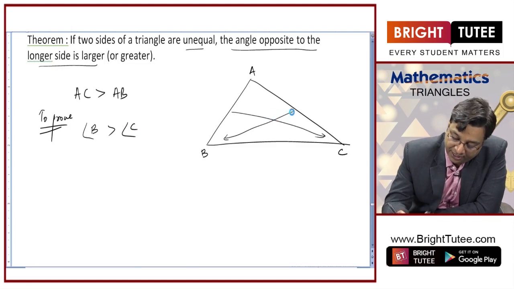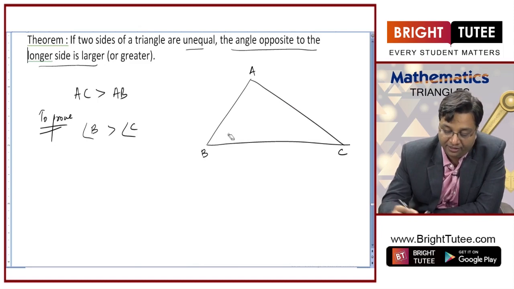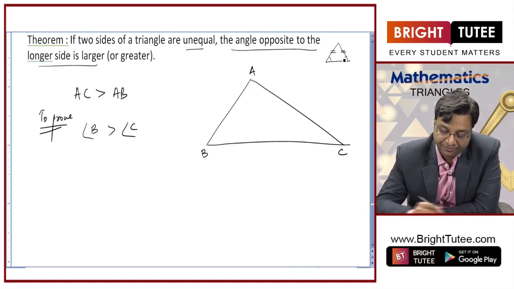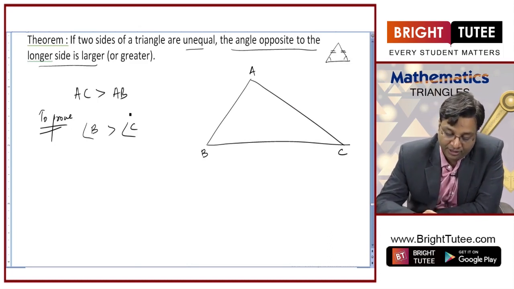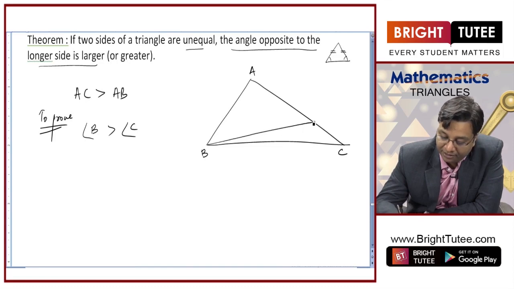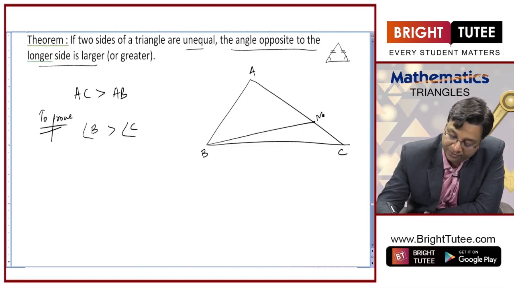So I will start with the previous knowledge that we have, that if a triangle has two equal sides, the angles opposite to the equal sides are equal to each other. So AB is smaller than AC. So I will take a point M on AC in such a manner that it becomes equal to AB.